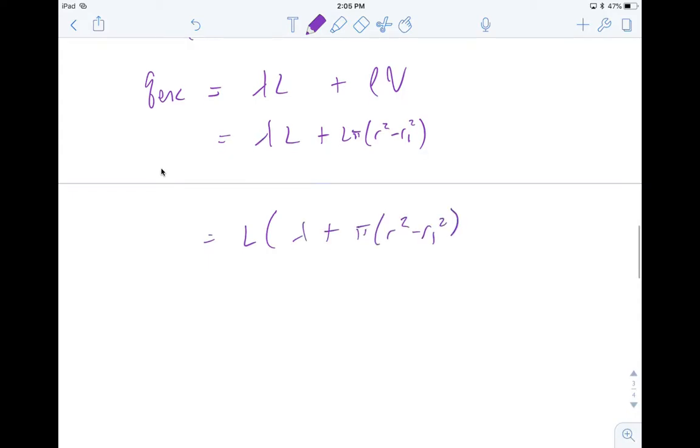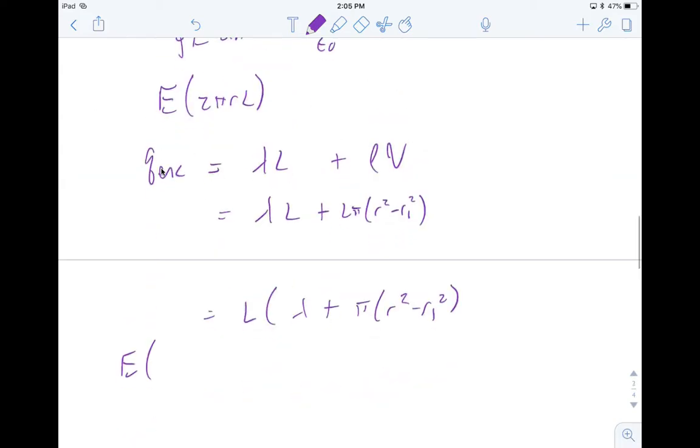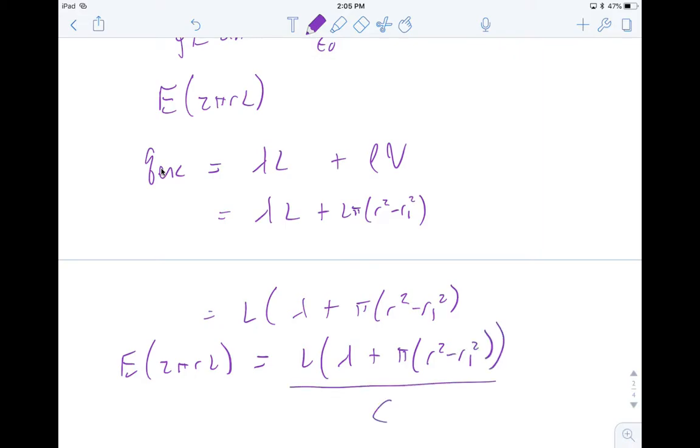And now we can set the left and the right side equal. So we have E times 2 pi RL equals L times lambda plus rho pi times R squared minus R1 squared, divided by epsilon naught.